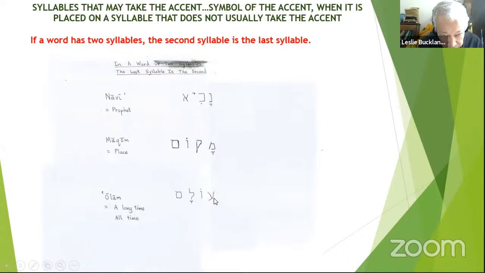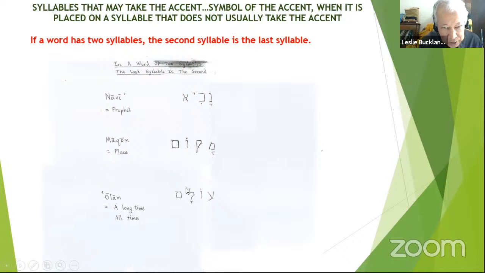Here is another word, olam: ayin, kolem, lameth, kames, mem. Olam means a long time or all time. Now, the first syllable is ayin and kolem. That's O. And the second syllable is lam.